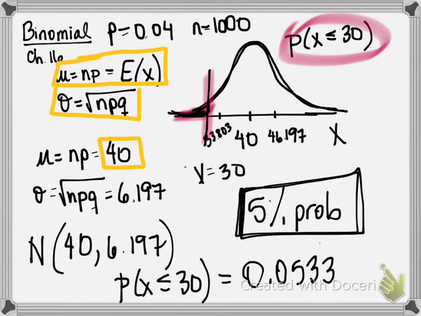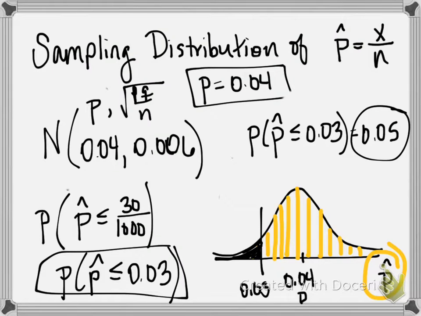All right, so again, the biggest thing to notice here is that we were doing sampling distributions of x, where x is the number of successes in 1,000. However, on the next page, we're doing the sampling distribution of proportions, and instead of x, we have p hat.